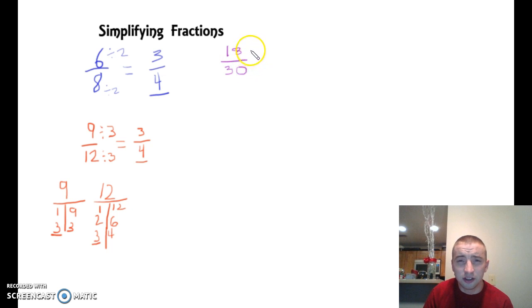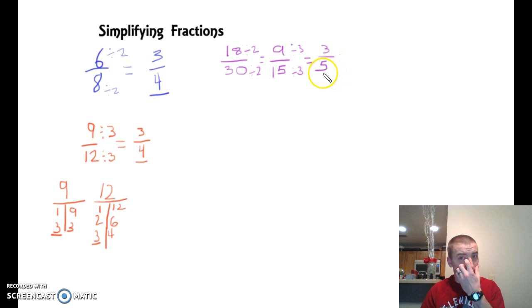They're both divisible by 2 because they're both even, so I could divide them both by 2 to get me to 9/15. But I'm still not done because I know that 9 and 15 both have a factor of 3. So it would be 3/5.